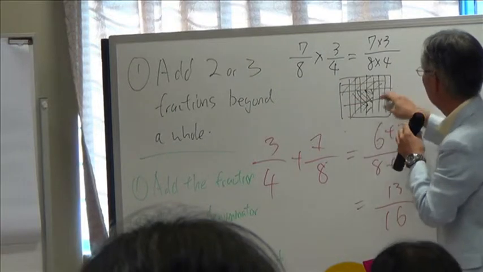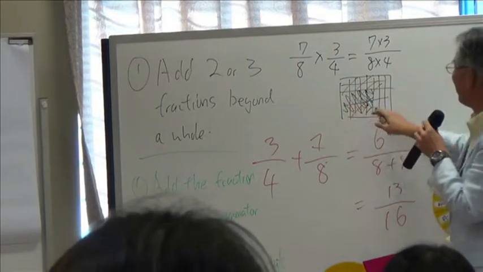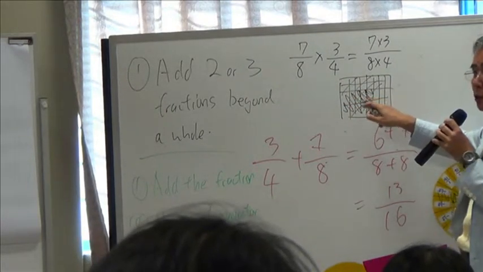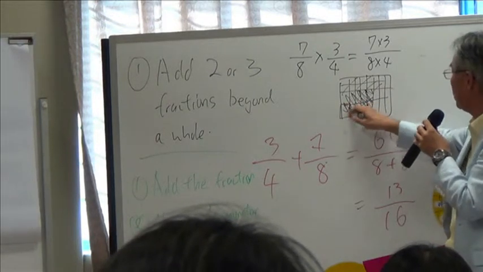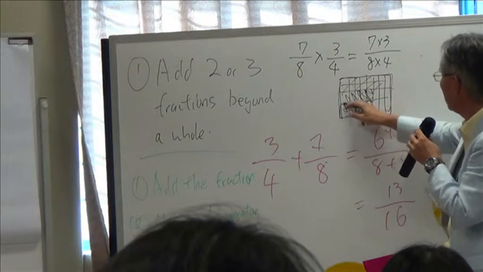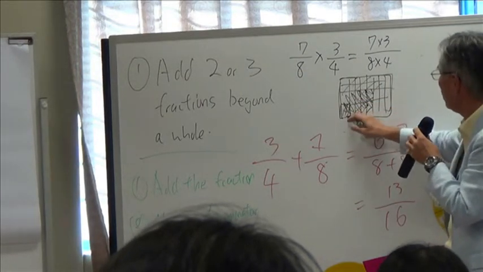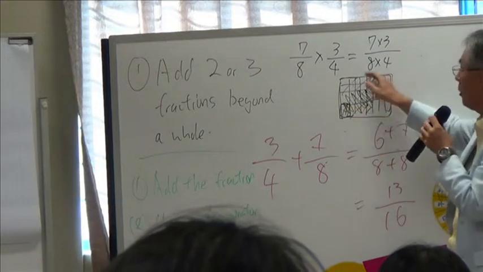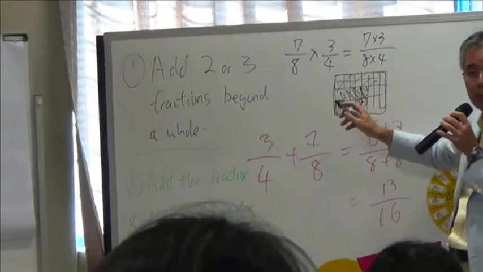Oh no, I'm tired. Sorry. So in this region, you need to change the size of unit: this is whole, and then this is 1/8, this is 1/4, but now we use this as a unit. So therefore we multiply to find the unit, right?